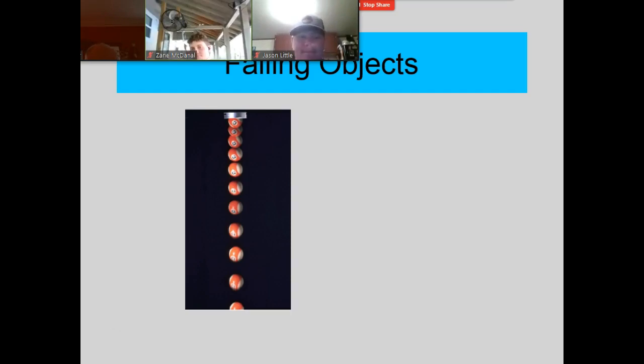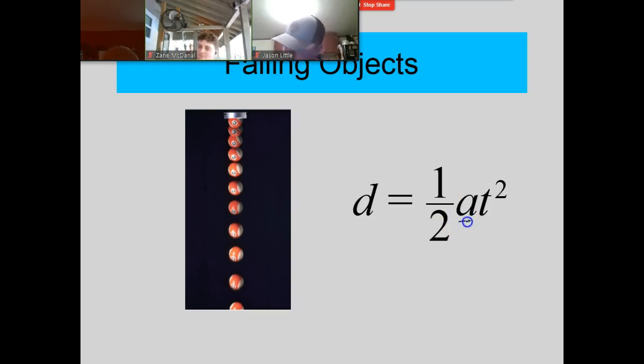They have a blurb here to come up with a formula. Here they're just going to give you the formula, okay? The distance an object has fallen is 1/2 the acceleration of the object times the time it's been at that acceleration squared, okay? That is the formula for distance.